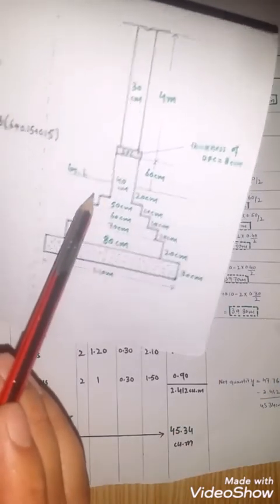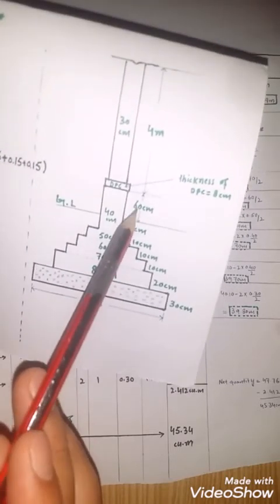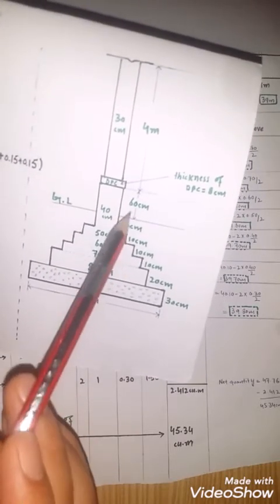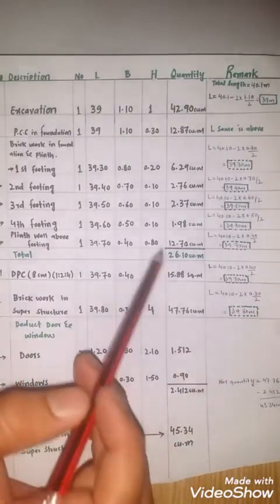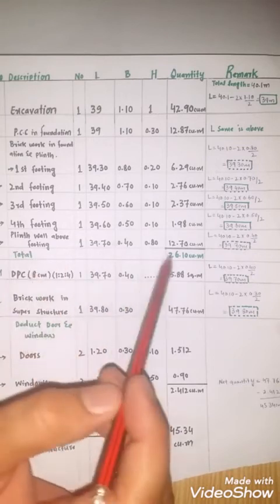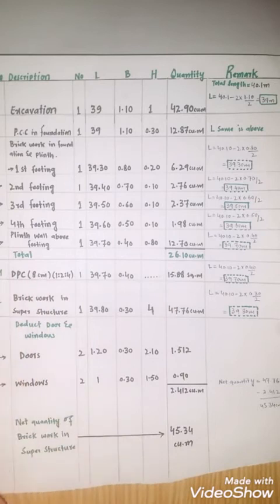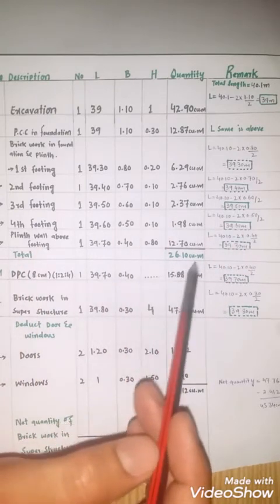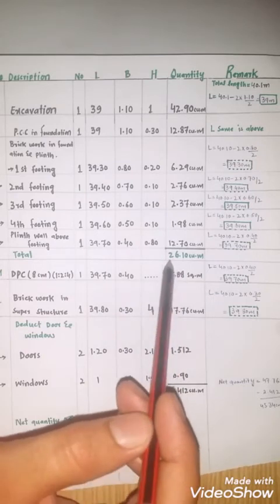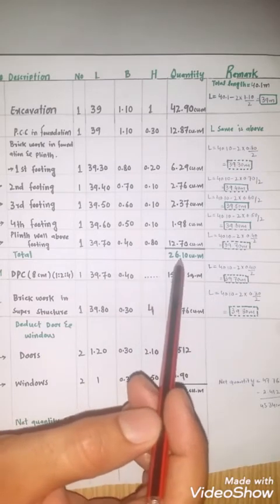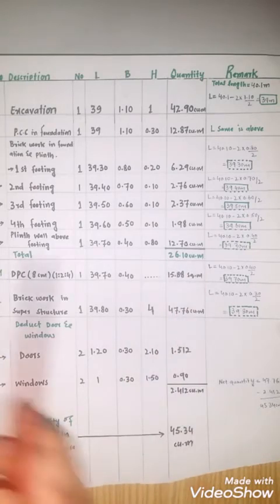I find the quantity of brickwork for this plinth combined. 20 plus 60 centimeter is equal to 80 centimeter or 0.8 meter. Quantity is equal to 12.70 cubic meter. The total brickwork in plinth as well as in foundation is equal to 26.10 cubic meter.